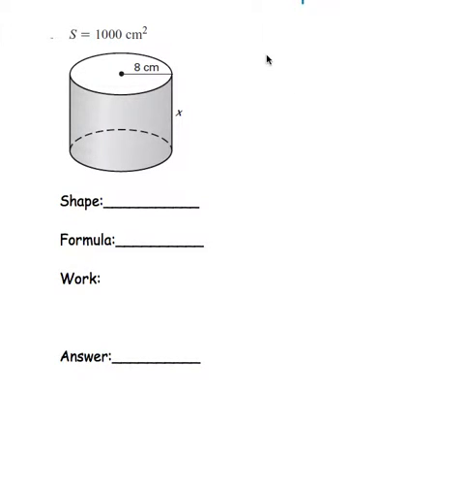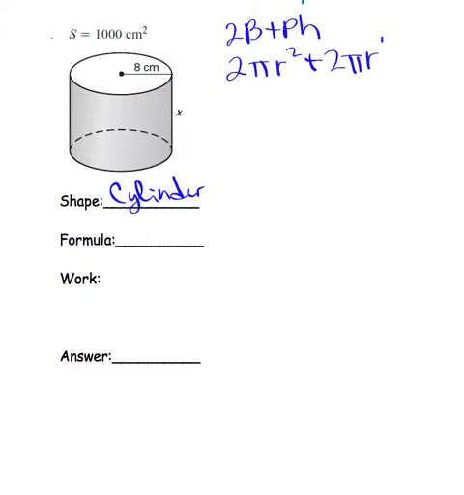So we've got a cylinder, and so let's name it. Remember, it's just like the prism, it's 2B plus Ph, except for being a cylinder, 2 pi r squared plus 2 pi r h is the formula. Sorry, my kids are loud in the background.